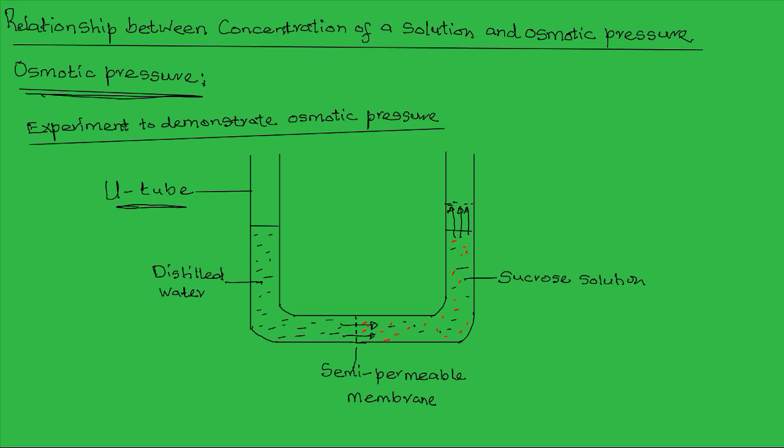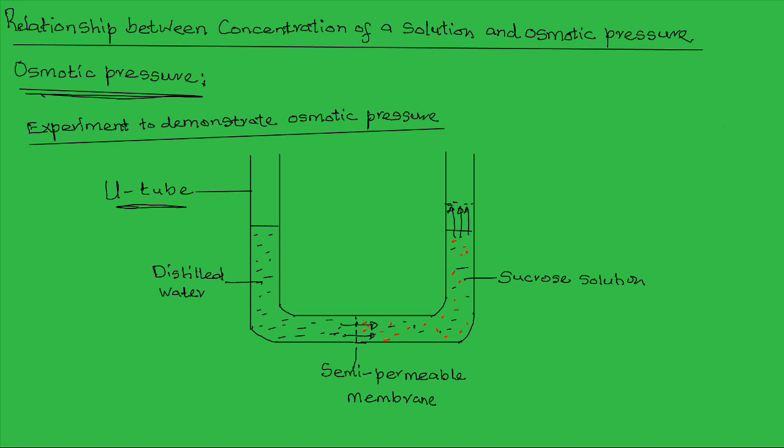So as the water molecules get in, they generate a force or a pressure that causes the solution to rise to a new level. Now, because there is a force generated by the influx of water molecules, that force is referred to as the osmotic pressure.